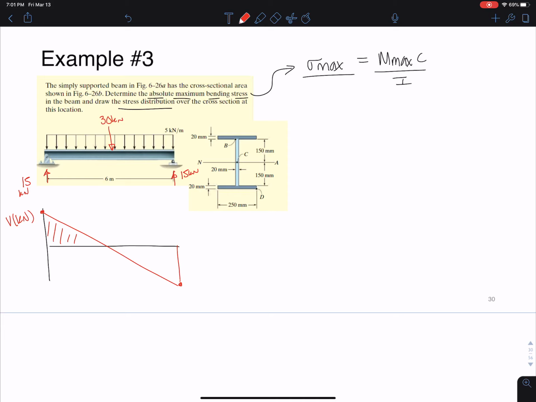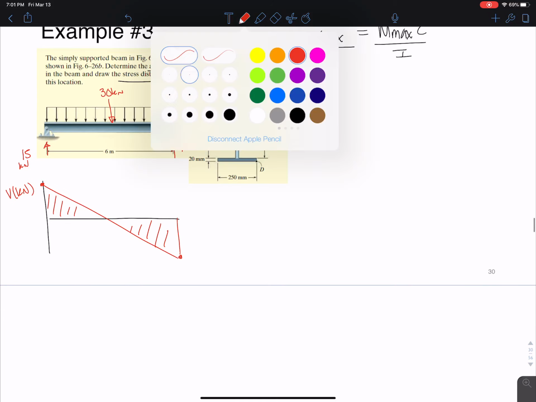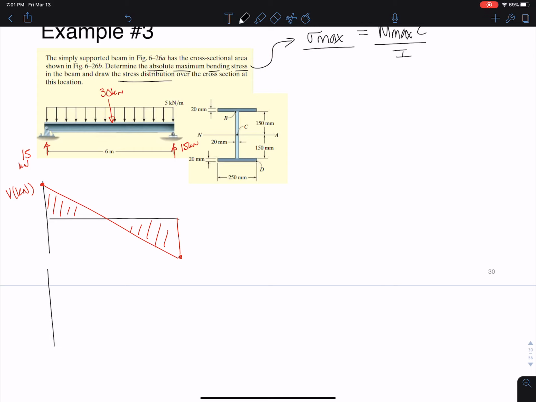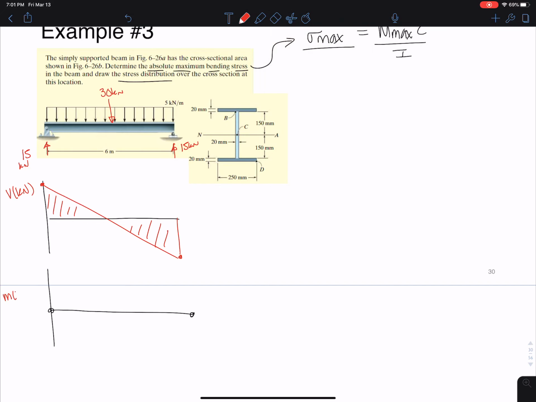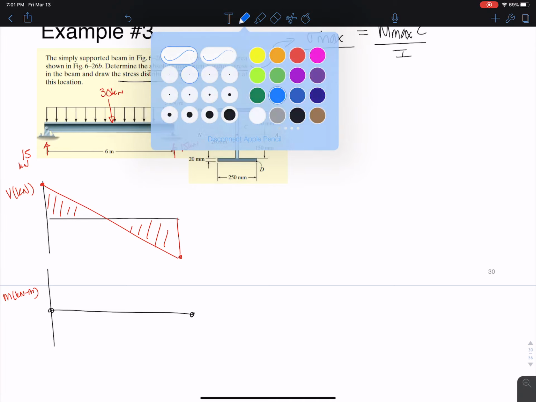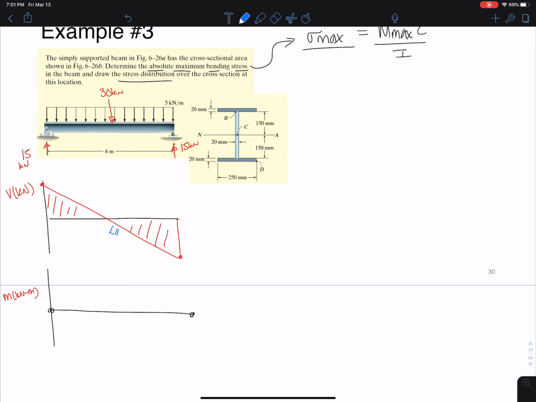Shear in kilonewtons looks like this. And I can easily get the moment now. Starting at 0, ending at 0. And to determine what this shape is going to be, this is a straight line, which means M is a parabola.